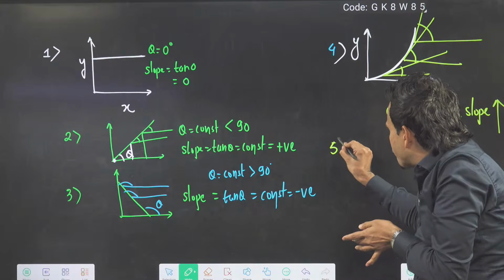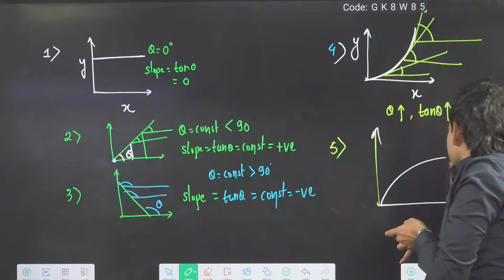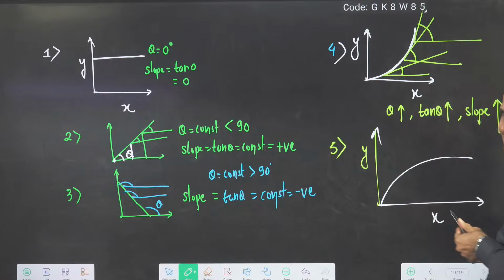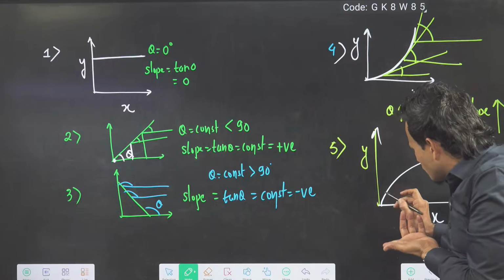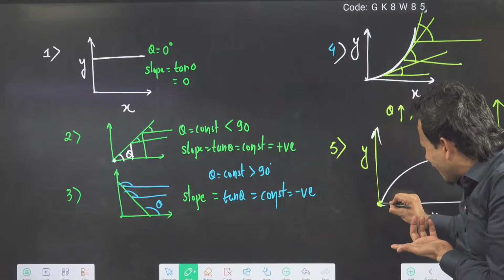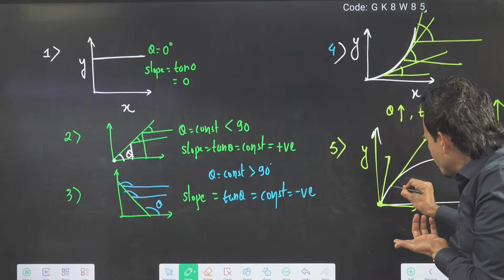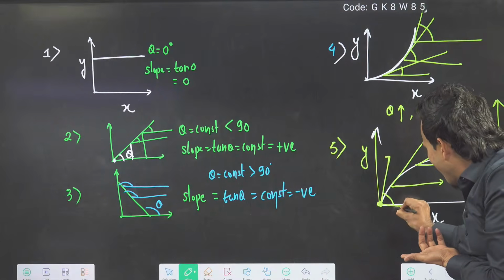Fifth one. Can you comment on the slope? You cannot comment; you have to just use the method. Now here also you have to check everywhere.